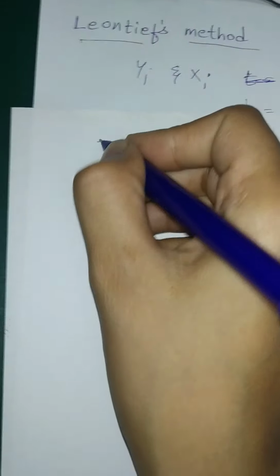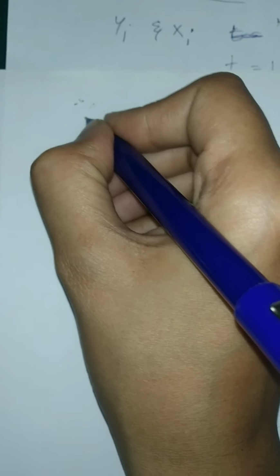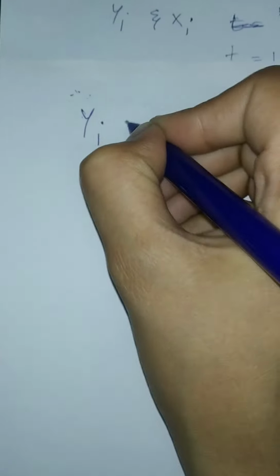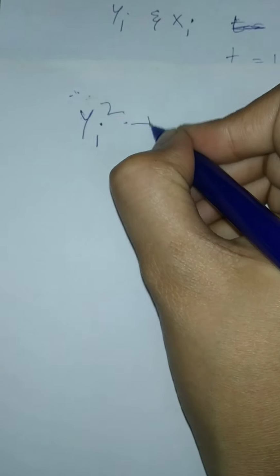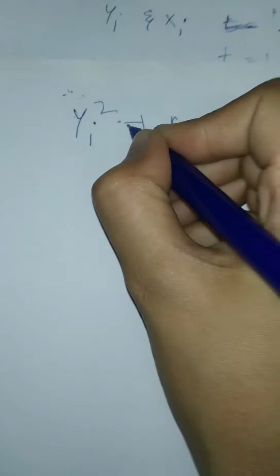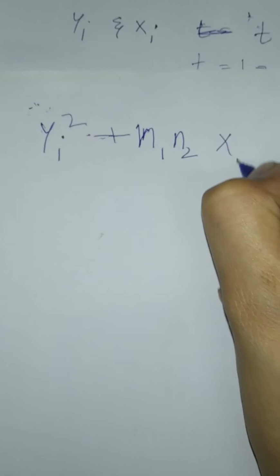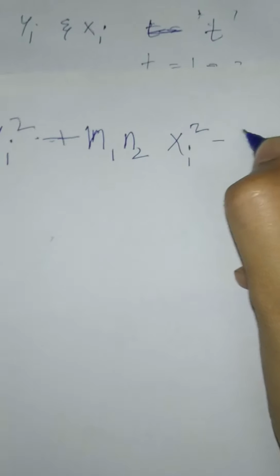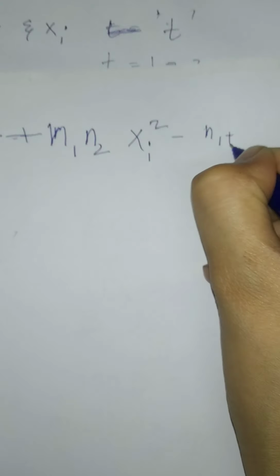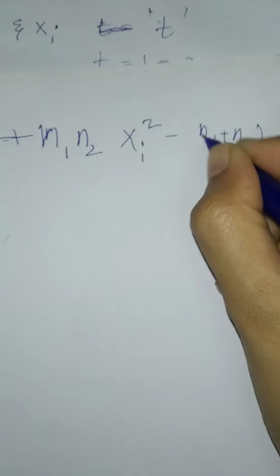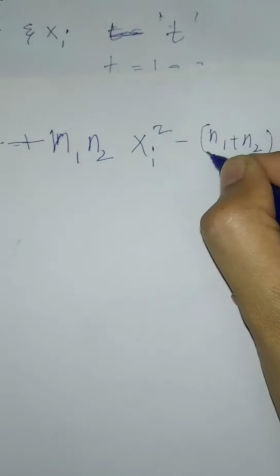First line will be, actually what we had: summation yi square plus n1 n2 into xi square minus n1 plus n2 in brackets with summation of xi yi is equal to 0, I told, no?